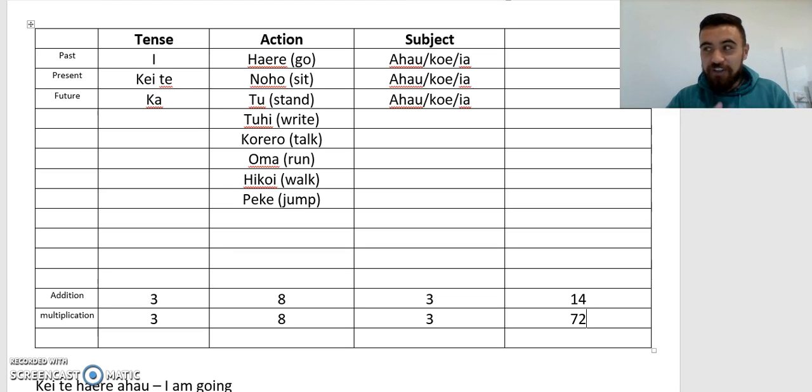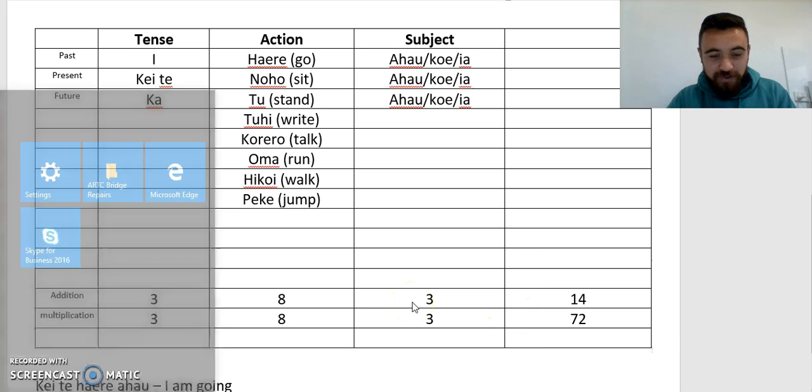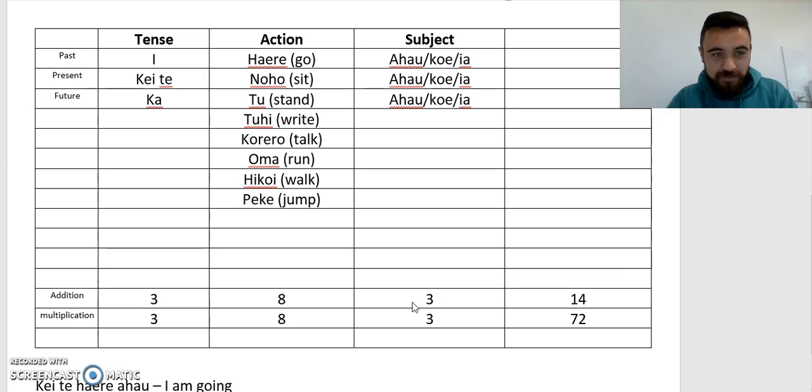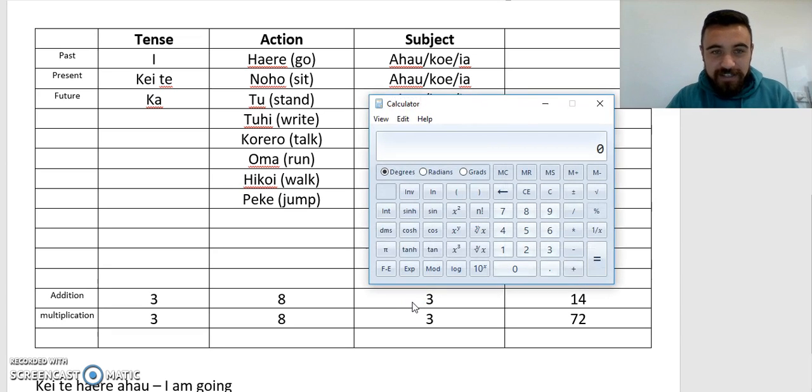This is where you start to learn these grammar structures, tense, action, subject, and you start to build out these lists here, and you can look at the multiplication and the power of it, and you actually don't have to learn too many different words to be able to say heaps of different things. So if I pull up my calculator again, if we had 3 tenses, which we do, and 10 actions, and we learned 3 different subjects, we can say 90 different things.